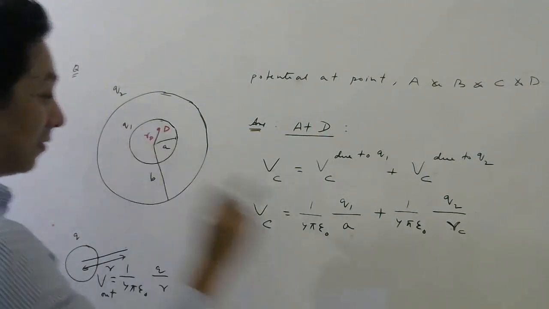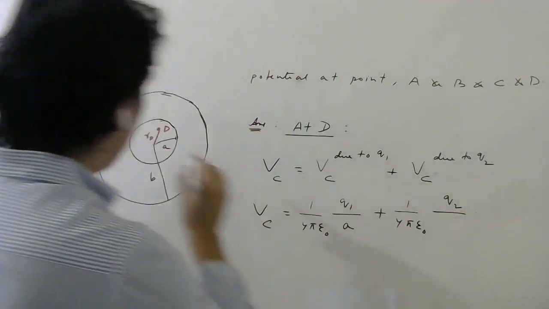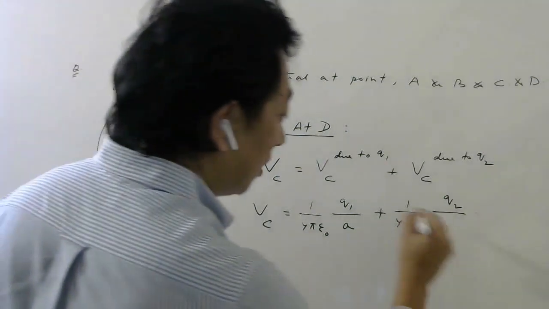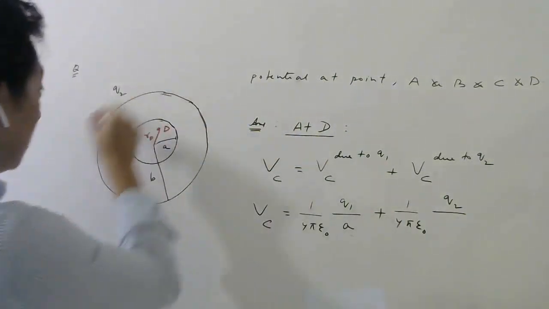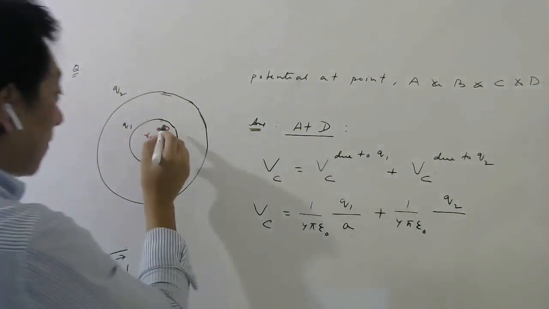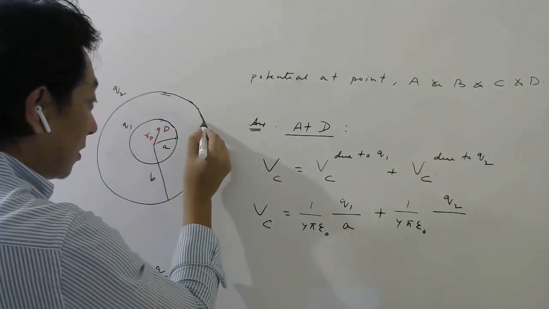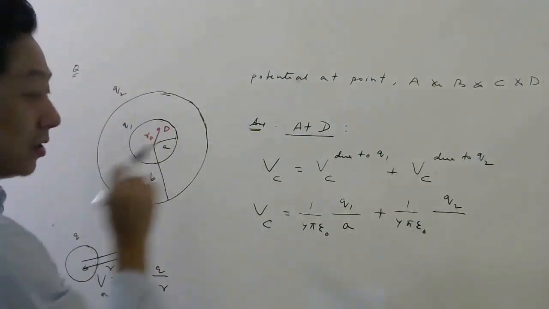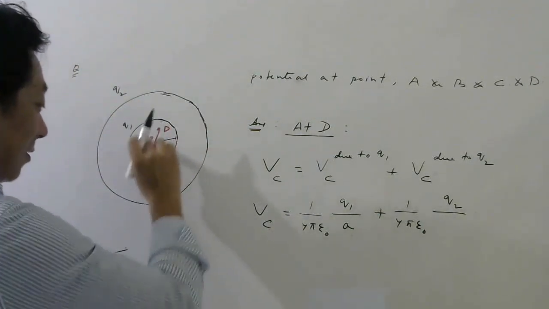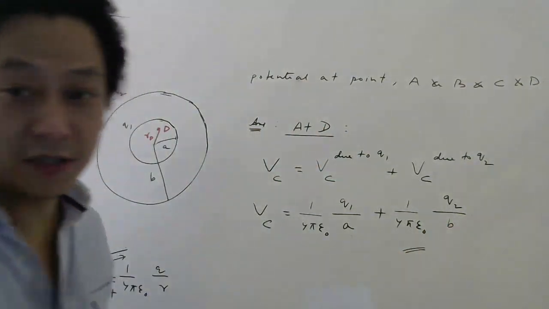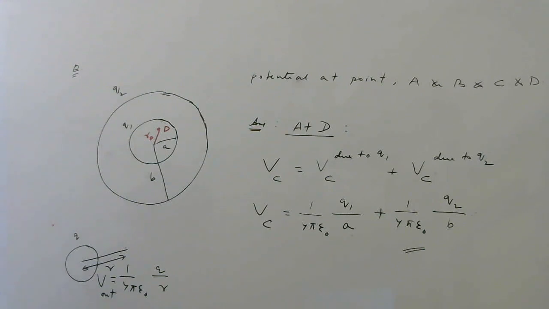So this is A. Similarly, where is this point for this charge? That is also inside. So same formula, 1 by 4 pi epsilon naught, this charge divided by radius of this shell, because potential due to this at this point will be same as on its surface. So on its surface means what is the radius? B. Okay, so try to understand all these small things which I have done today. Okay.